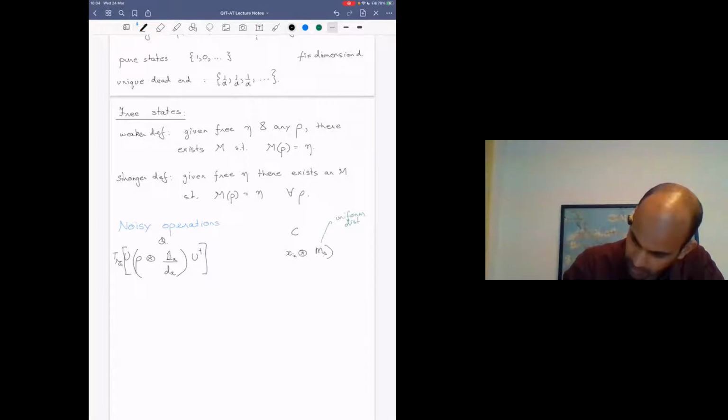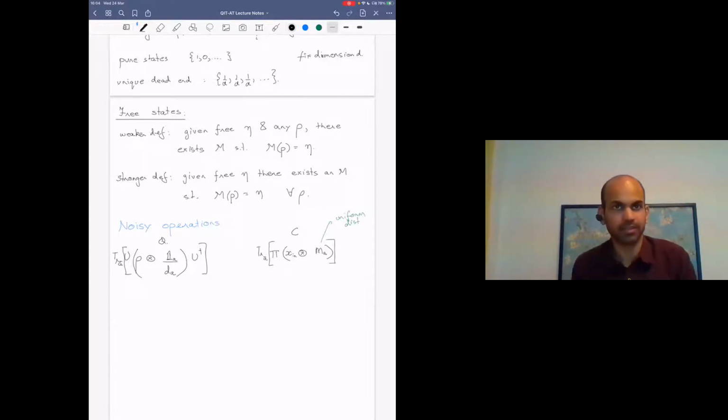Take rho X times MA, you do some permutation on this, and then you trace out A bar, because it doesn't have to be the same as A. So this is the classical version of noisy operations.